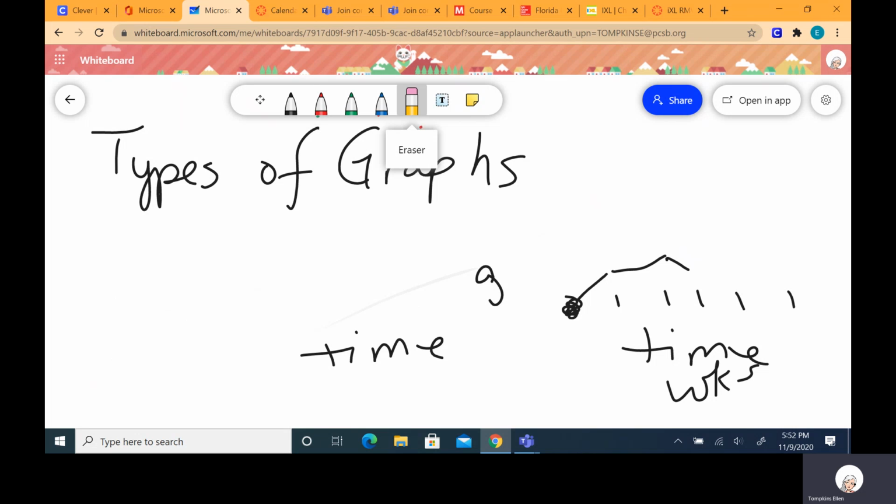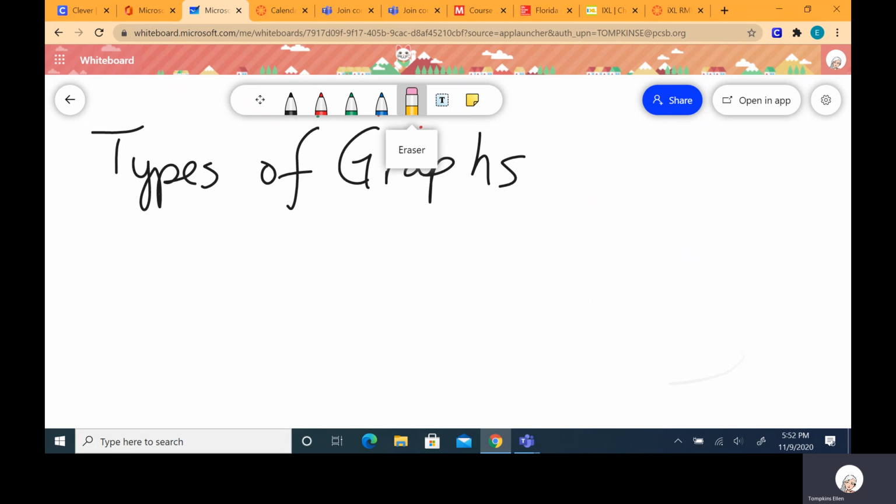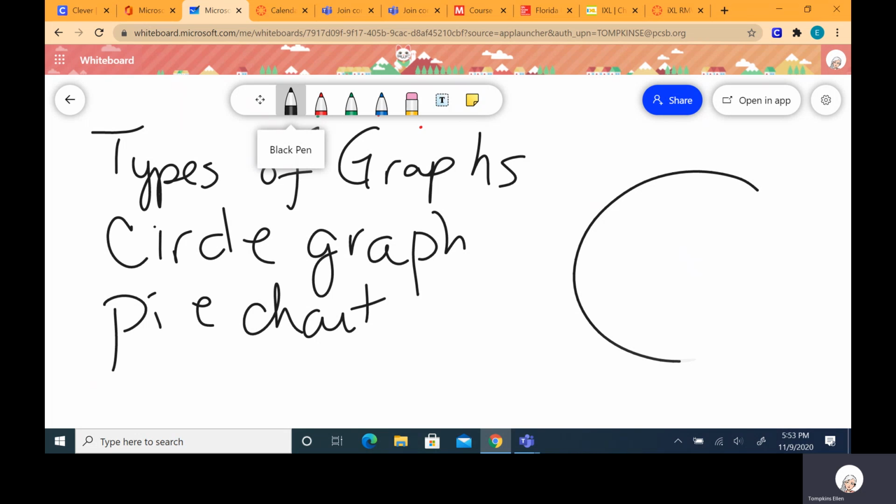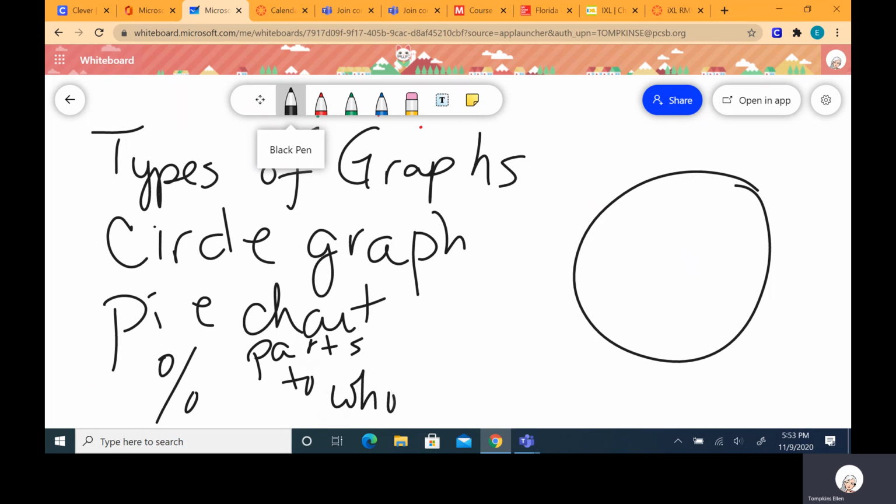All right, now the next one would be a circle graph. Now a circle graph also can be called a pie chart. And what it is, it's a circle. It's always done with percentages. Parts to whole, and by that, let's say I was looking at all my students.